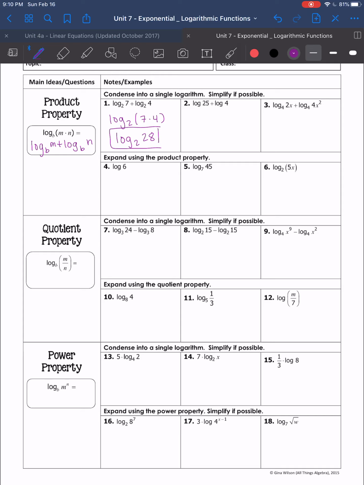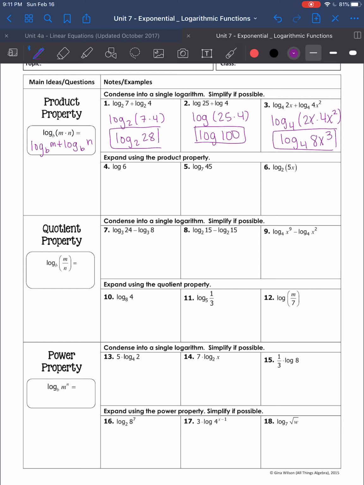And then I could simplify this one to log base 10 of 25 times 4, which is log of 100. Then this one I can do log base 4 of 2x times 4x squared, which gives me log base 4 of 8x cubed.